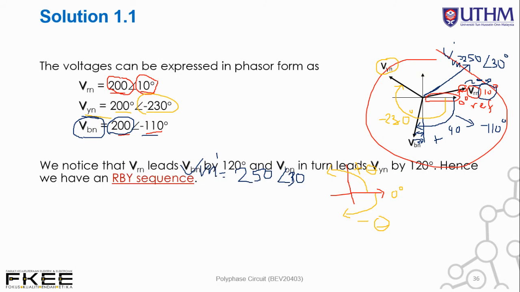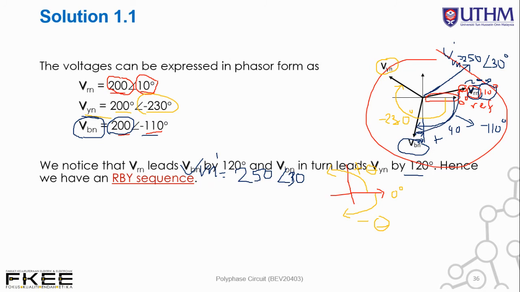So notice that VRN leads VBN by 120 degree, VBN in turn leads VYN by 120. Hence, we have an RBY sequence. After you plot out everything over here, you will come to the conclusion that VRN is actually ahead of VBN by 120 degree. If you recalculate the position and the angle, you will see that VRN is ahead of VBN by 120.